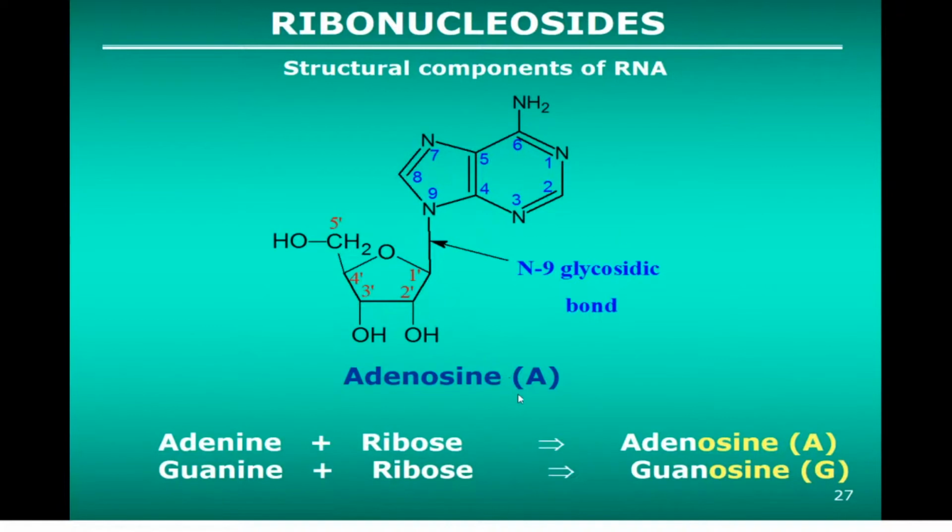So adenosine, necessary to memorize. For purine nitrogenous bases, the suffix is osine when bonded to the sugar. So adenine with ribose, adenosine, and guanine with ribose, guanosine. A or G for short. This is the RNA structural unit.